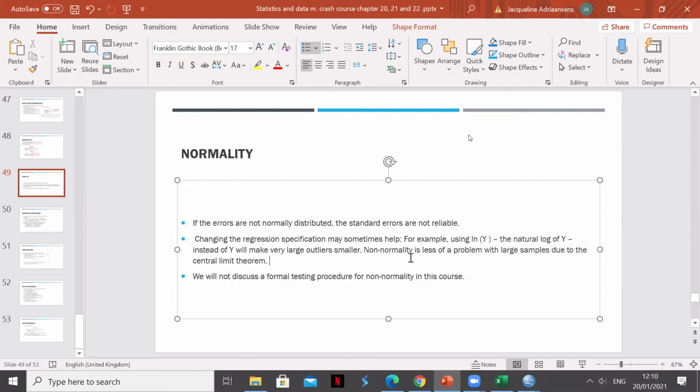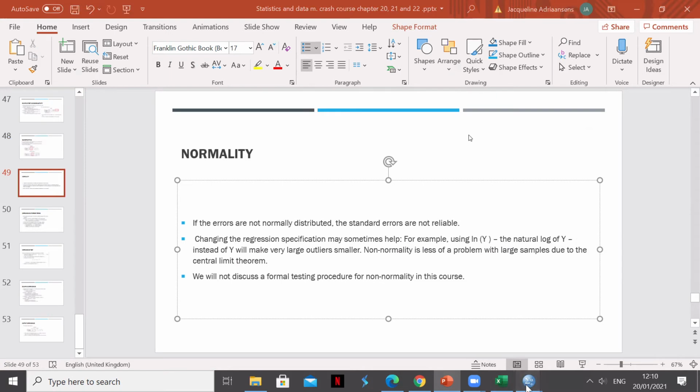For example, you use the ln(y), the natural log of y, instead of y, and that will make outliers smaller. I think we had this in mathematics. The natural log makes numbers just on a different scale, and they usually become smaller. So large outliers, a very large number becomes relatively smaller to a smaller number.